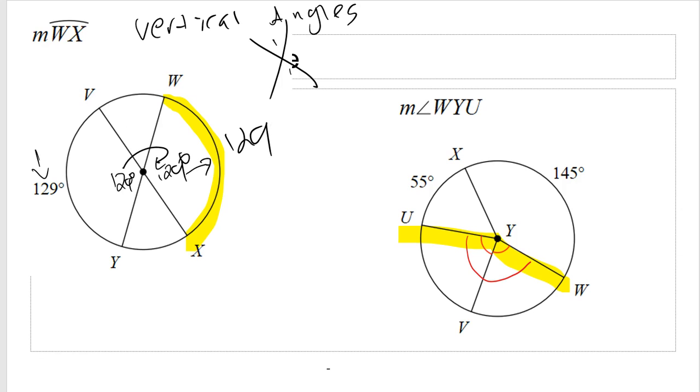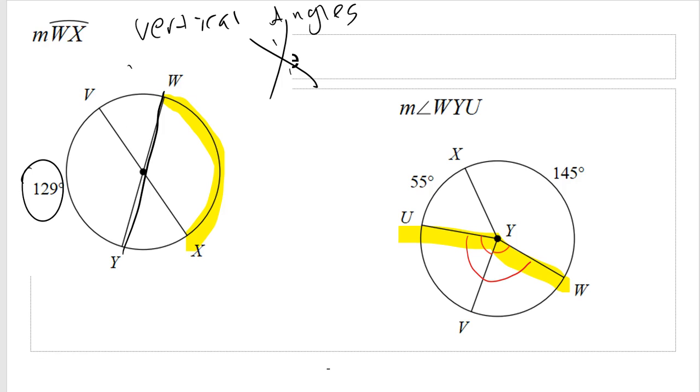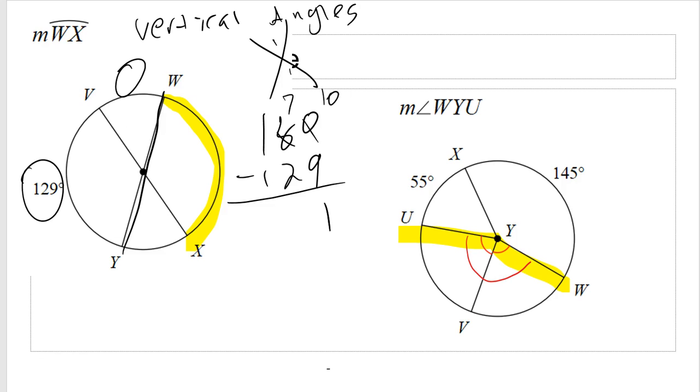Let me show you the other way that we kind of just used on the last slide. This right here, guys, is called a diameter, which means that this angle plus this angle adds up to 180. If we know they add up to 180, we simply take 180 minus 129. You do some subtraction and you get 51.